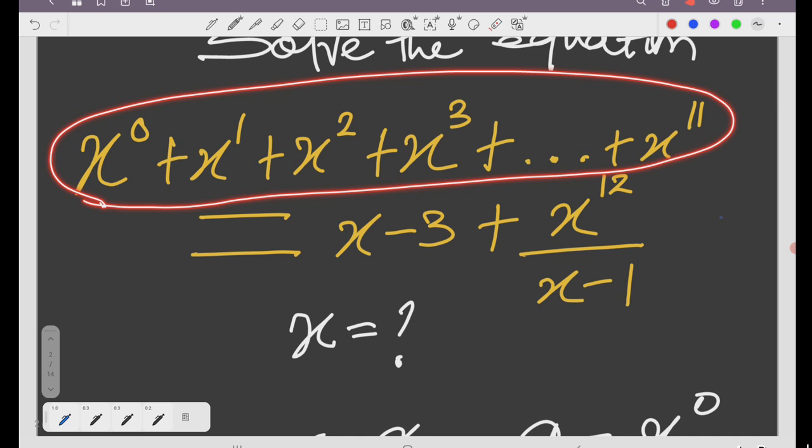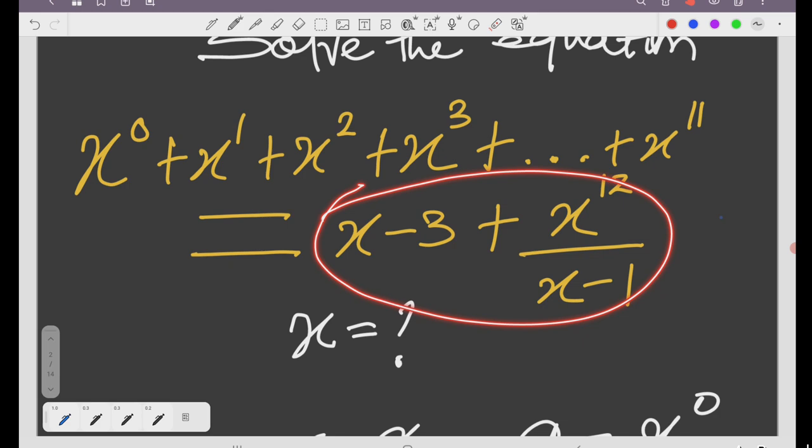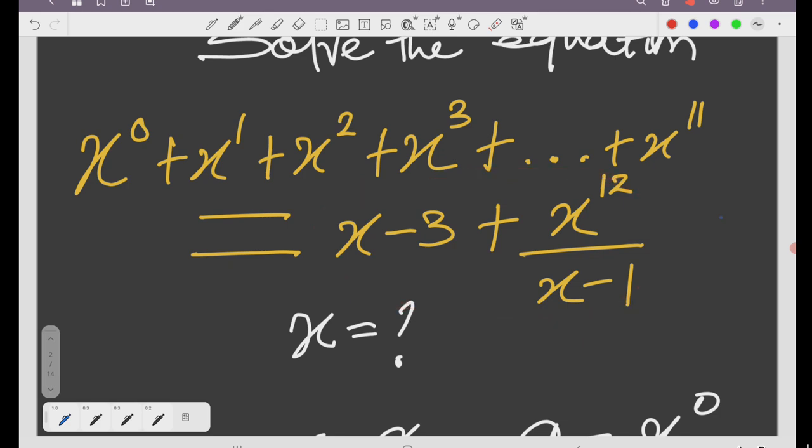Now what you want to consider is that you are going to make it equal to the given expression, recall that this summation is also equal to x minus 3 plus x to the power 12 divided by x minus 1. So let's consider this.